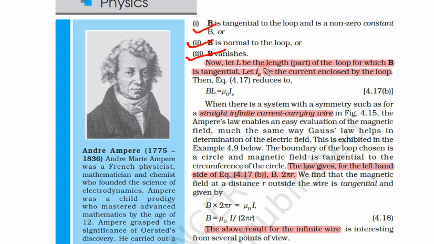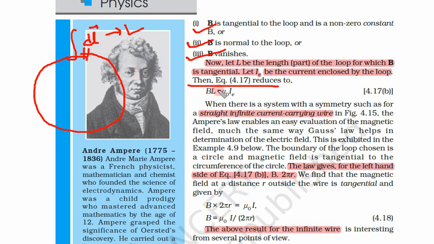Now let L be the length of the loop for which B is tangential and IE be the current enclosed by loop. Then suppose we had this loop and total length of this loop is L. So that small part is dl and total length, if we integrate it, this becomes L. Then we have BL is equal to mu naught IE. So what is IE here?